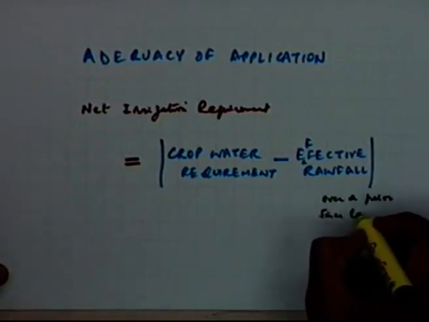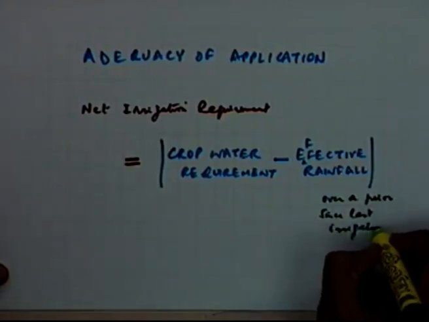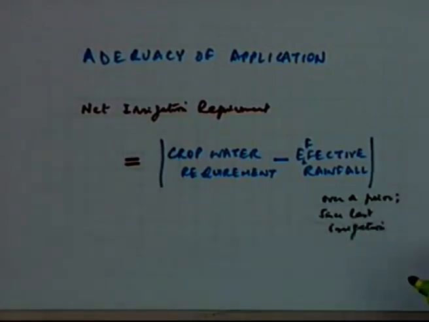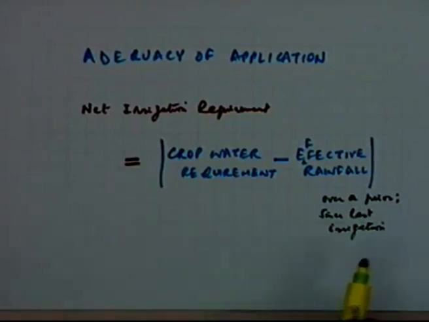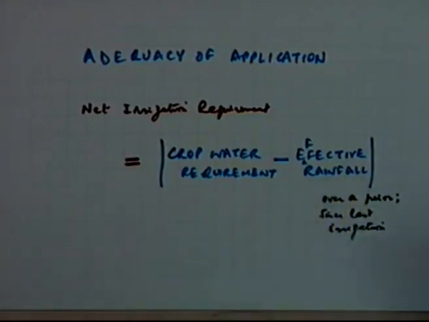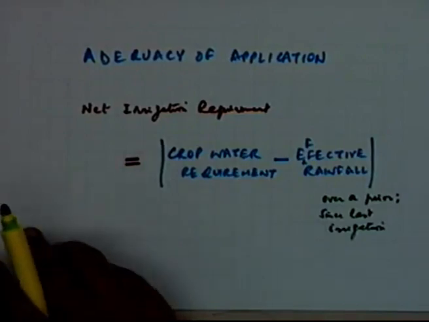Since last irrigation. Now this much difference, but how much is the crop water requirement during the period since we have given the last irrigation application, and after taking into account the effective rainfall during this period, the period in question. That is our net irrigation requirement.